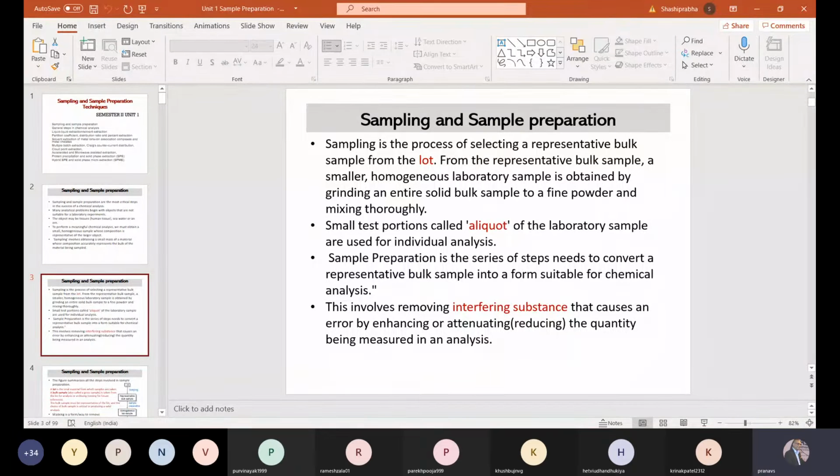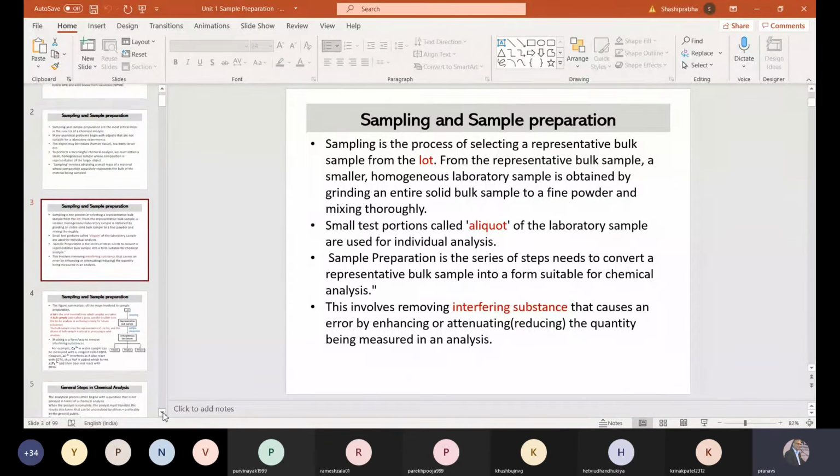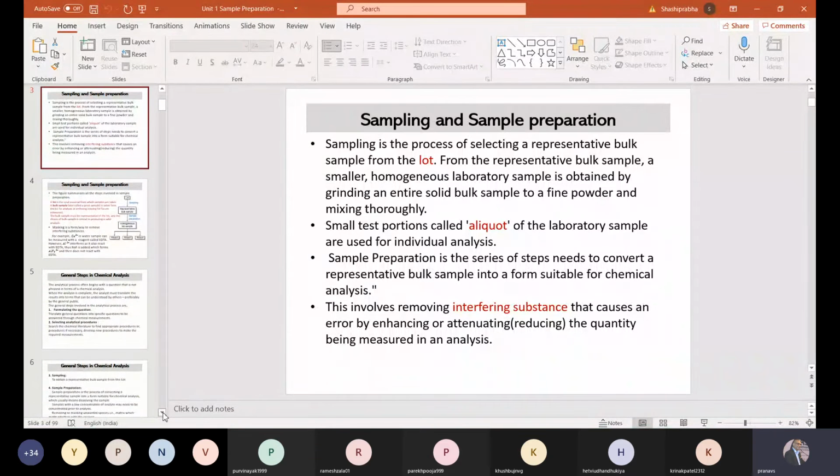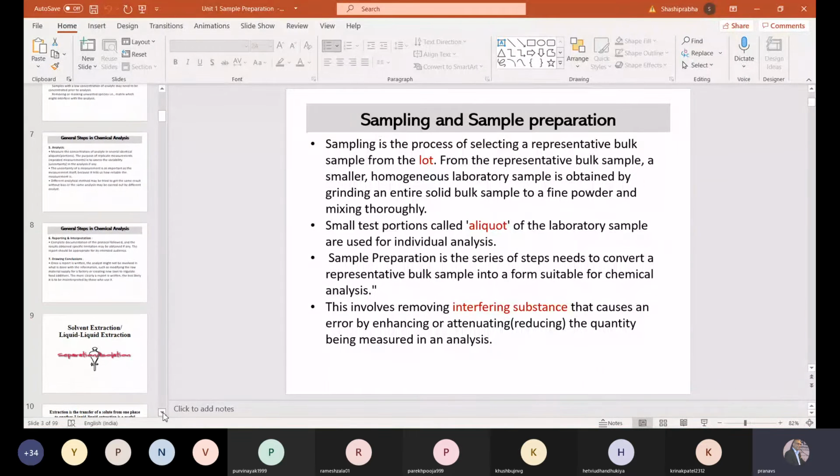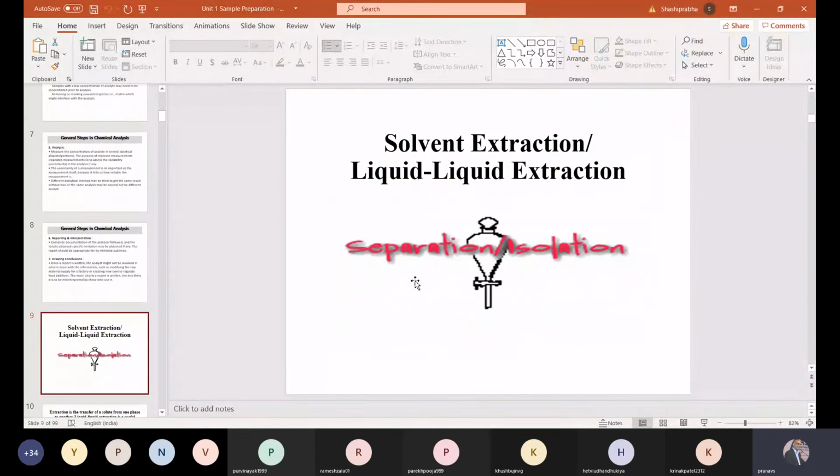And after that, we moved on to the specifics of sample preparation, and under which we talked about liquid extraction or solvent extraction.